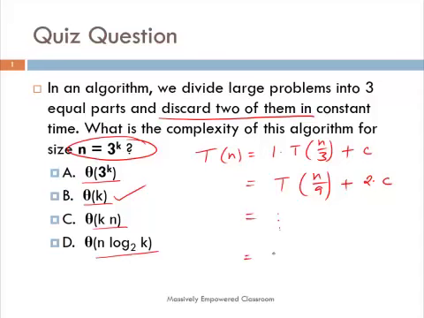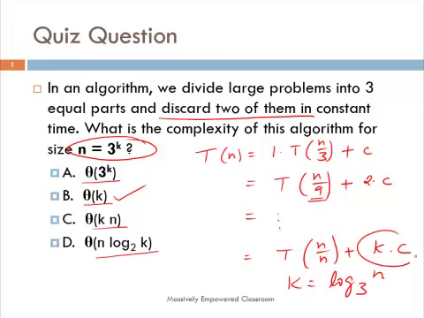Finally, you will get T of n by n plus k times a constant. This division will happen k times because k is nothing but log n to the base 3. So the complexity is k times a constant or theta k. The correct answer is B, theta k.